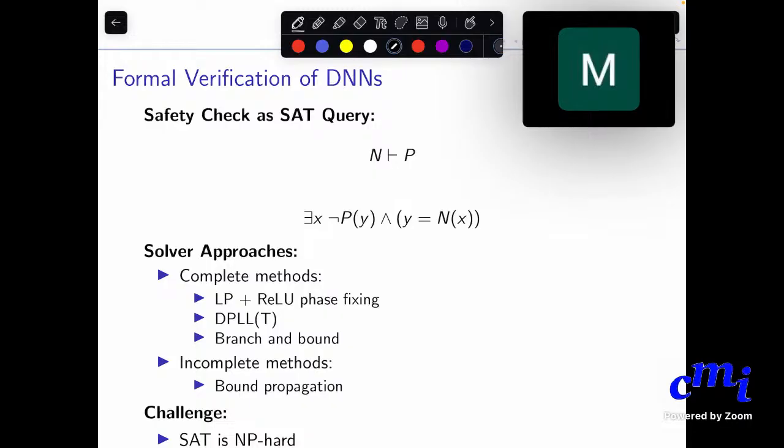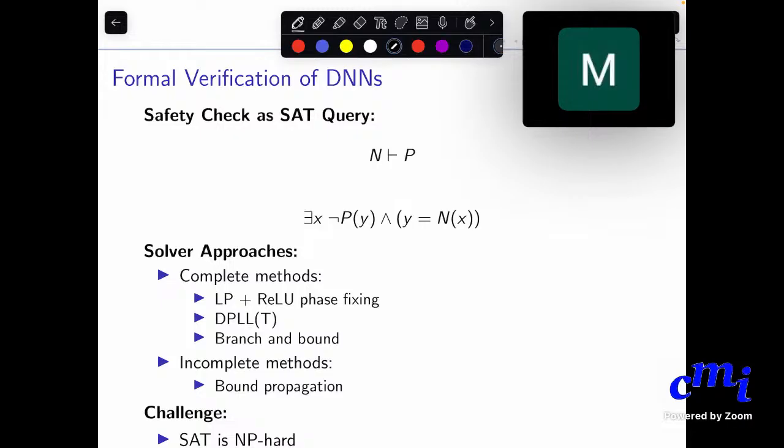Any property, say P, can be expressed as a SAT query. If N entails P, that means N should validate P. So how can we check whether N validates P or not?